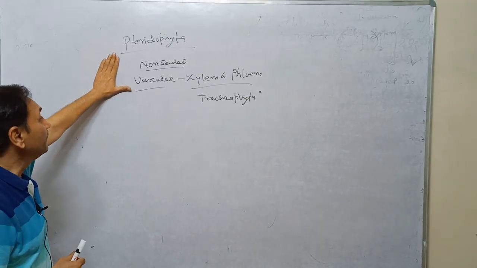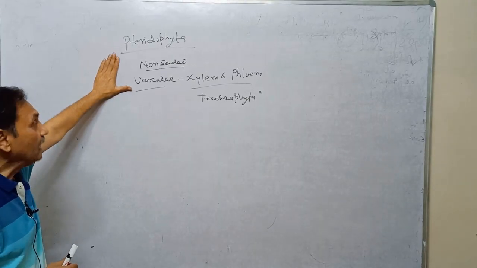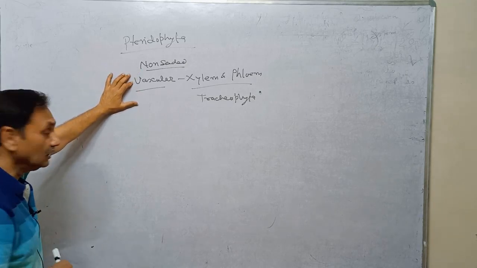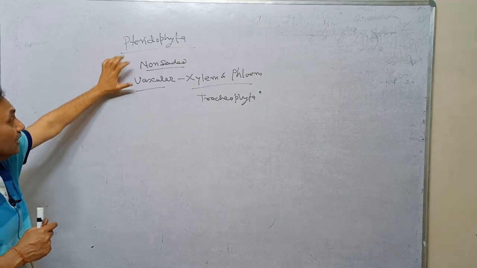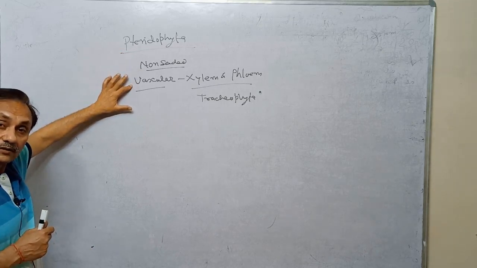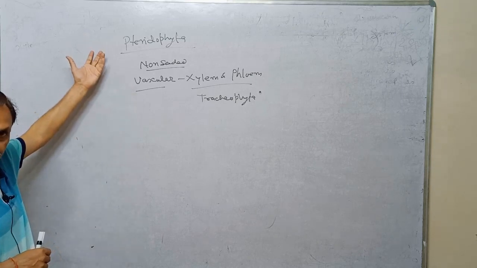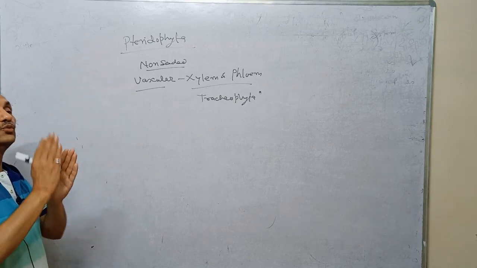Now in Pteridophyta, we have seen that it is non-seeded but vascular, just as Bryophyta is non-seeded and non-vascular, and Thallophyta is aquatic, with no support of an erect stem.